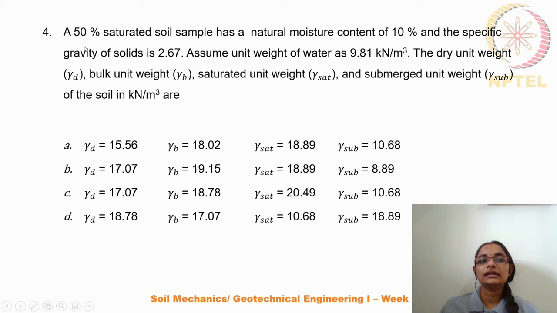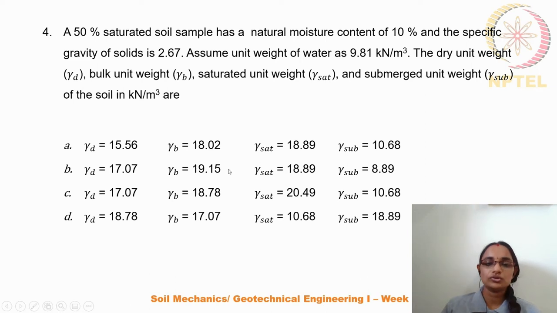Here we are given the degree of saturation, natural moisture content, specific gravity of solids as well as unit weight of water. We are asked to determine 4 different unit weights: bulk unit weight, dry unit weight, submerged unit weight and saturated unit weight.